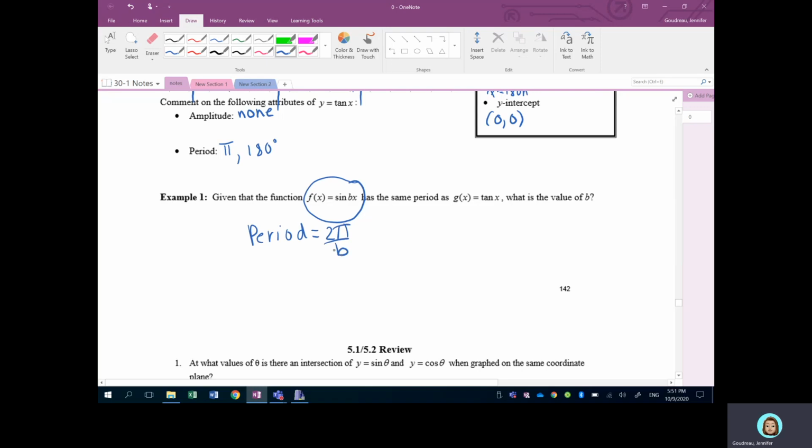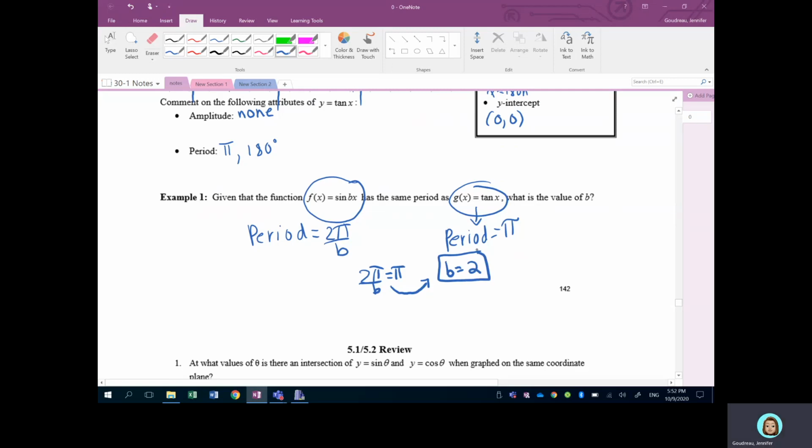We don't know what b is, so that's all we can write for the period of that function. The period of tangent, which we just talked about, is equal to pi. If these two things are equal to each other, that means 2 pi over b is equal to pi. And hopefully upon inspection, we can just see that means b is equal to 2.